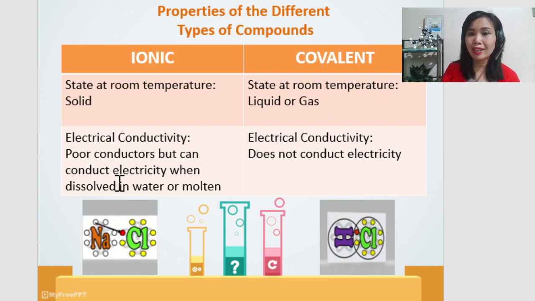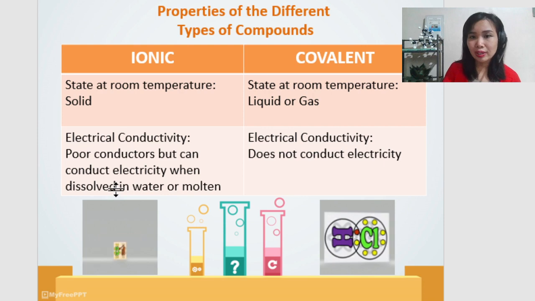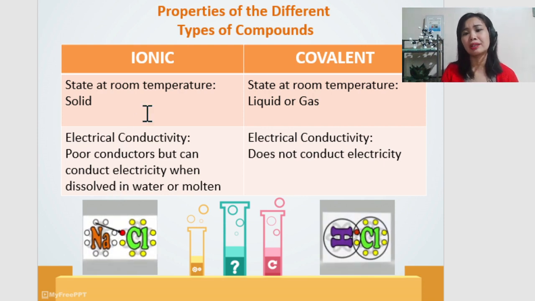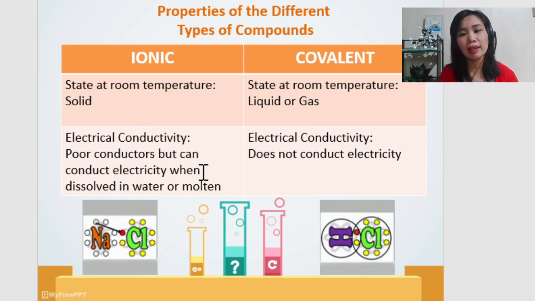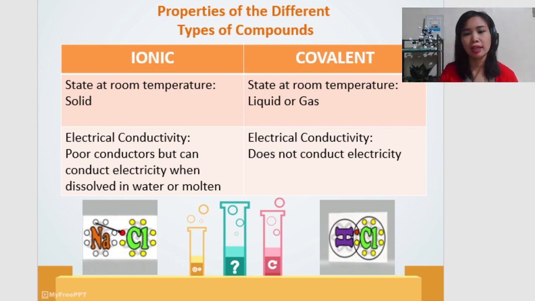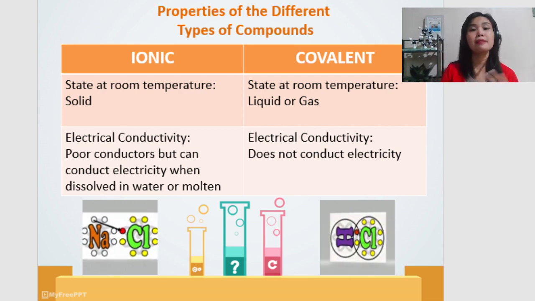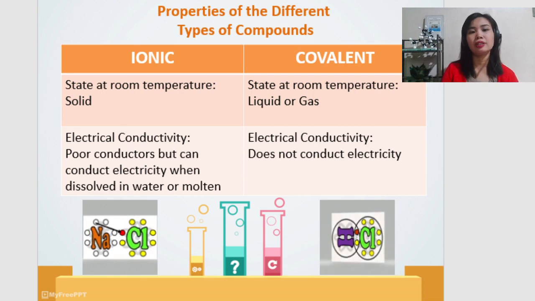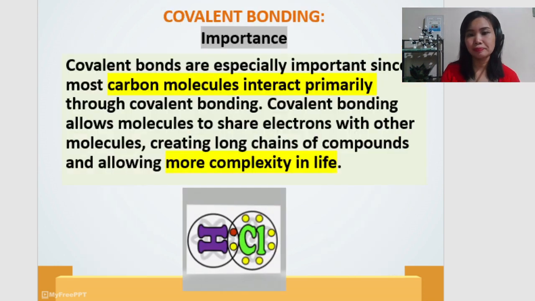In terms of electrical conductivity, ionic is just good or poor conductors, but the covalent, they do not, no? Or do not conduct electricity. Wala dyan na sila, di na sila makakonduct og electricity. Kaya dili man sila charged, no? Wala naka-charge, walang ion, walang anion, walang cation.